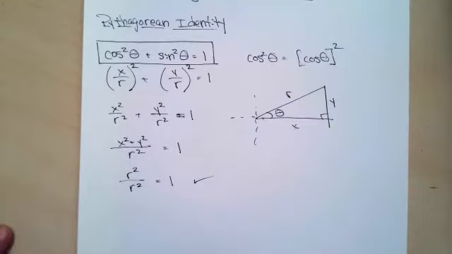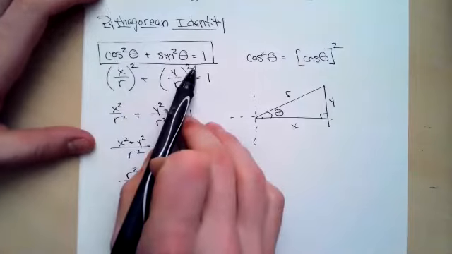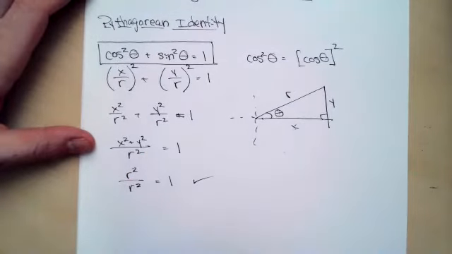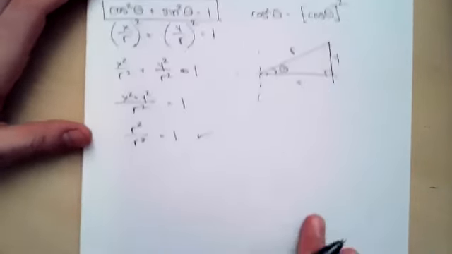There's two other identities that we commonly use from this one. We call them Pythagorean identities because they are essentially derived in the same way. But you can also modify this identity to get them. So I'm going to go ahead and do that.